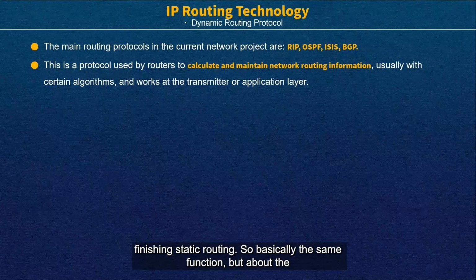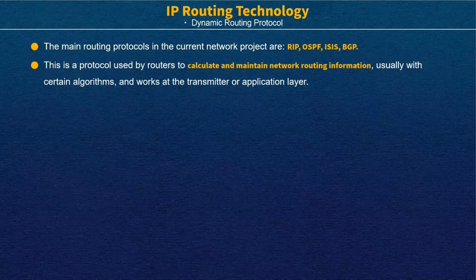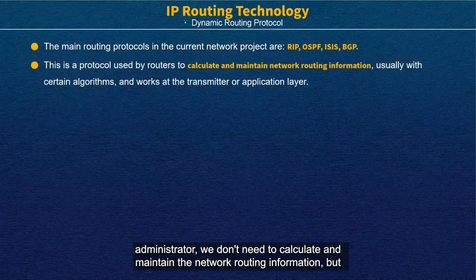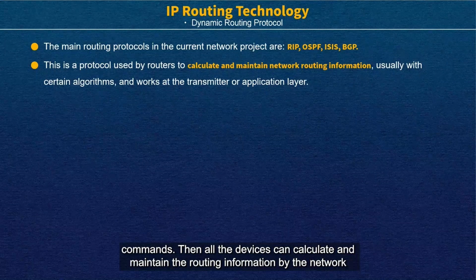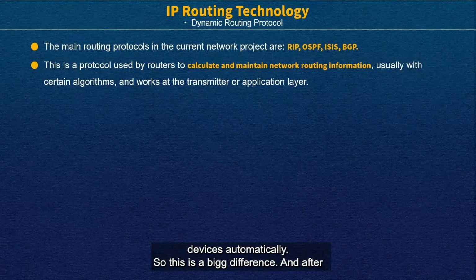But about the administrator, we don't need to calculate and maintain the network routing information, but we still have to enable the dynamic routing protocol on the network devices and add some commands. Then all the devices can calculate and maintain the routing information automatically.